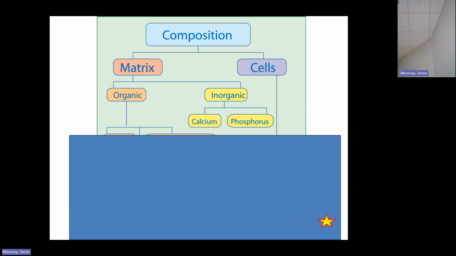If we're looking at the matrix, we have the organic components. What do we say about organic components? Anybody remember how we define organic? Yes, sir. It has carbon in it, versus inorganic. The two primary ones we're dealing with are calcium and phosphorus. Where did we get those from? What group?